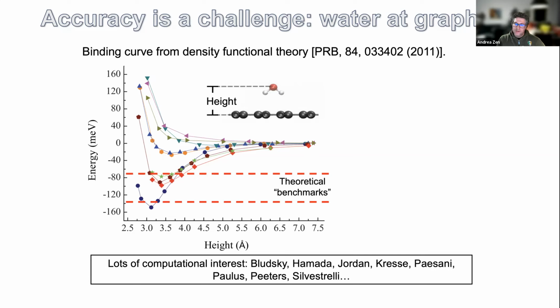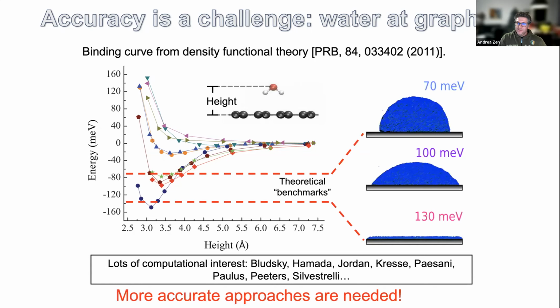However, if I then do molecular dynamics simulation of not one, but many water molecules over a graphene sheet, and I see how they behave in my simulation, then depending on whether the interaction energy is of the order of 70 meV, I end up having the waters forming a droplet like this with a contact angle of around 90 degrees.